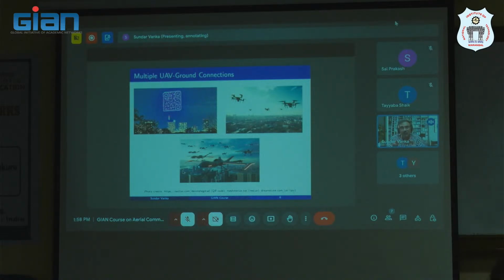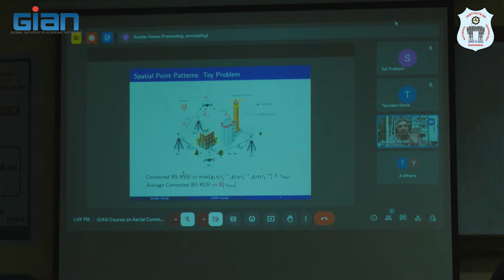So not only do we have a set of objects that are distributed in space, but that pattern is moving in time. So think of it as a flock of birds. We have all seen birds, right? They move as a pattern and they keep moving in time, correct? And the direction that they're moving is dependent on the approved routes that are given by the civil aviation authorities. So let's try to understand what these mean by looking at a toy problem.